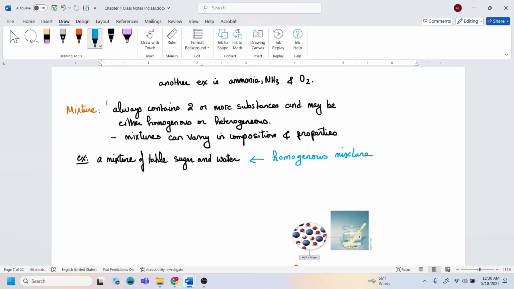But as long as your solid is dissolved in the solution, that will be considered a homogeneous mixture. If you take a sample of that mixture, because we're calling it homogeneous, it will have the same physical properties. It's going to have the same taste.